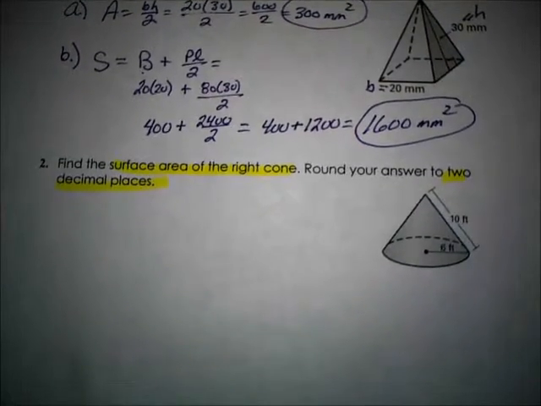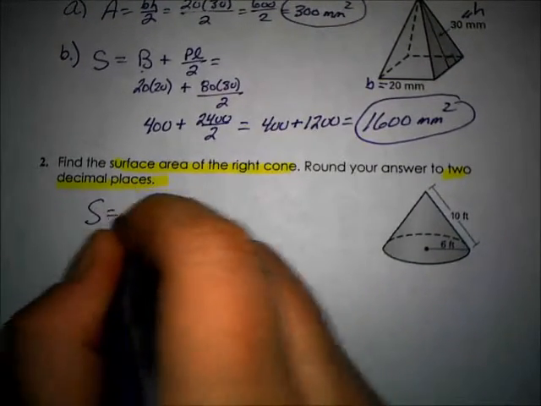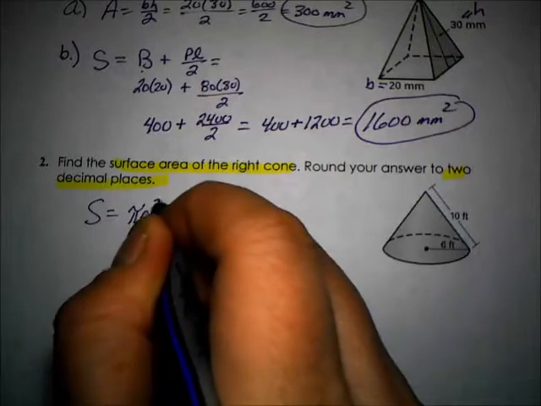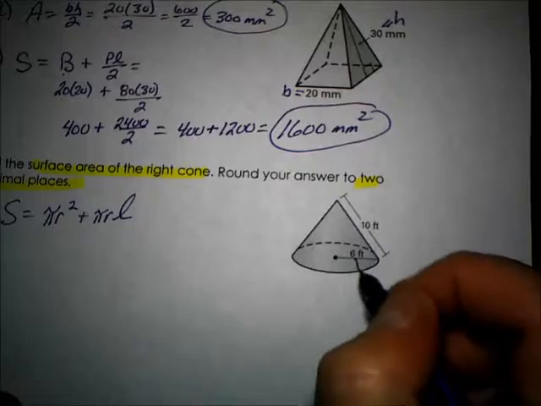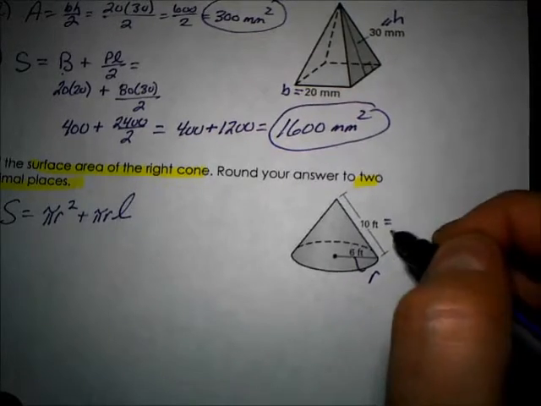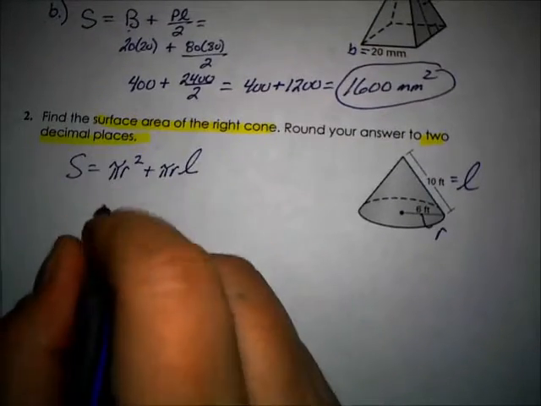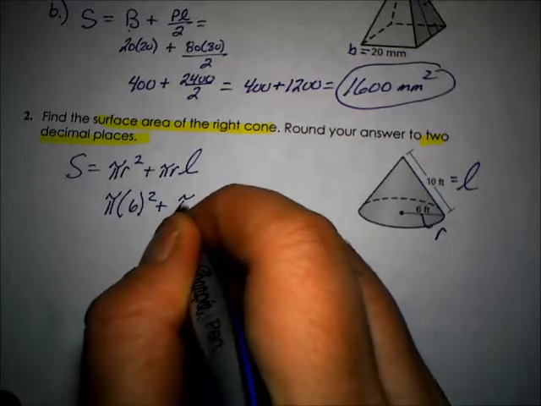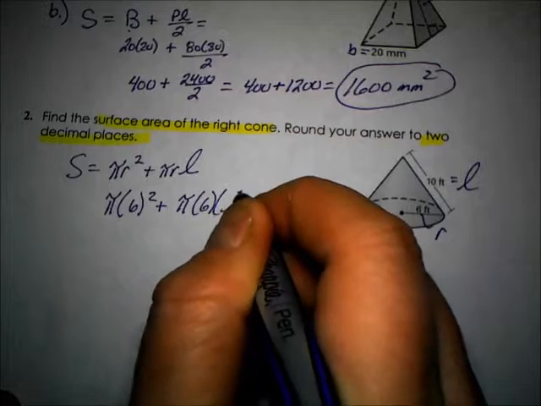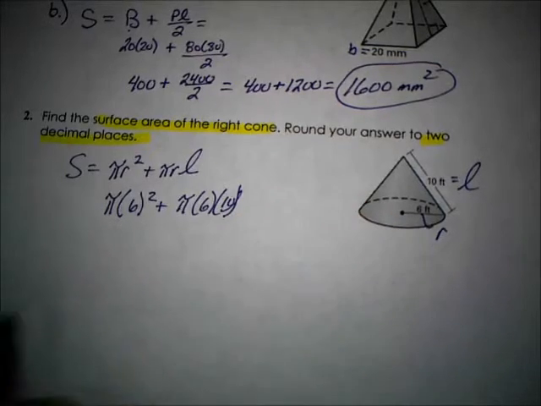On number 2, I'd use the cone formula, which is pi r squared plus pi r l, where 6 is my r and 10 is the l. So that means this would be pi times 6 squared plus pi times 6 times 10.